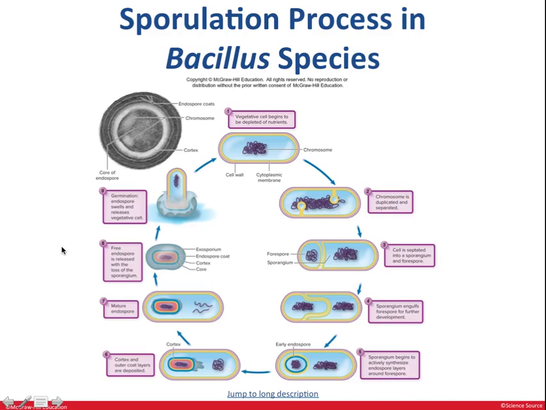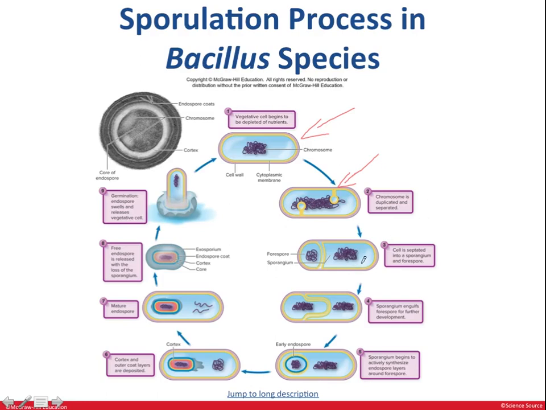For example, in this diagram, this is the normal cell. Once the environment changes, the bacteria decide to make an endospore, so they have to duplicate the important stuff. They duplicate the chromosome, which means making 2 copies.